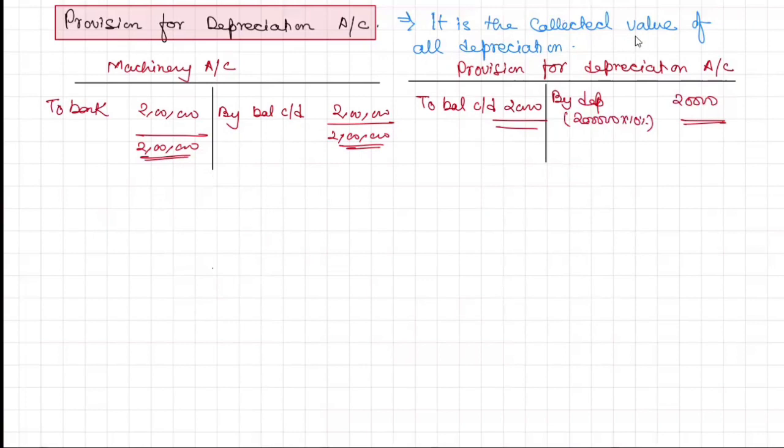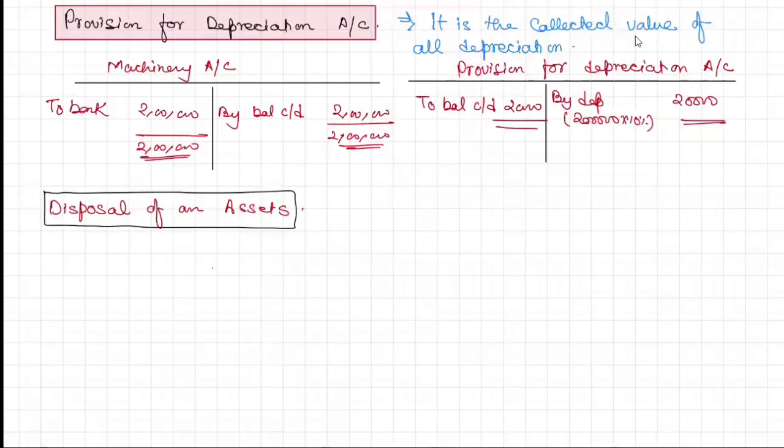But in relation to provision for depreciation, what actually has to be informed is that, suppose if there is any disposal of an asset, then certain general entries have to be remembered. So what actually is it?